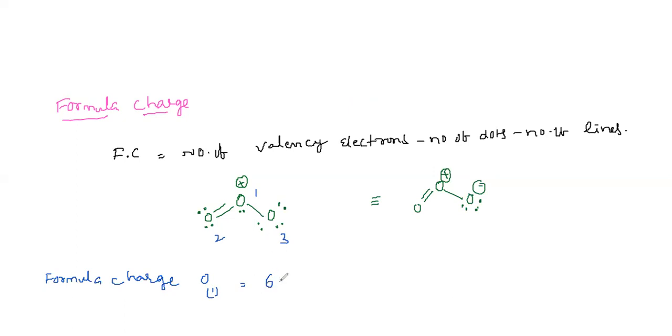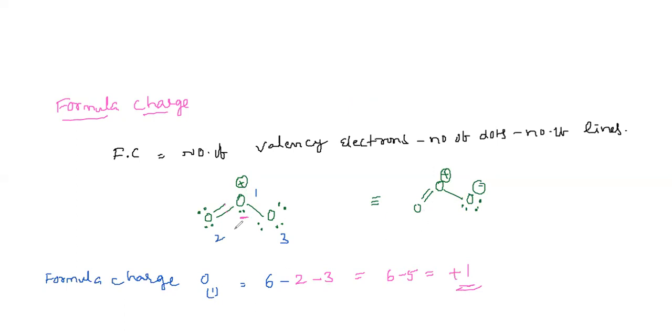Sixth group element, so valence electrons are six, minus the lone pairs. Only one lone pair is there, so minus two. The number of lines is one, two, three, so three. So this is six minus five. It is one, it should be plus one. That's what we wrote, plus one.